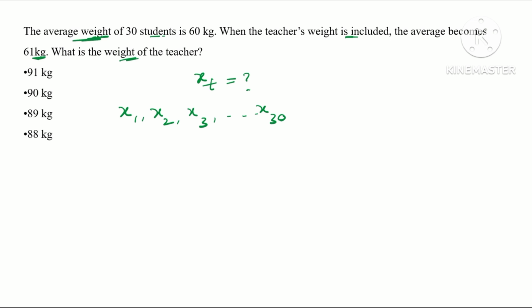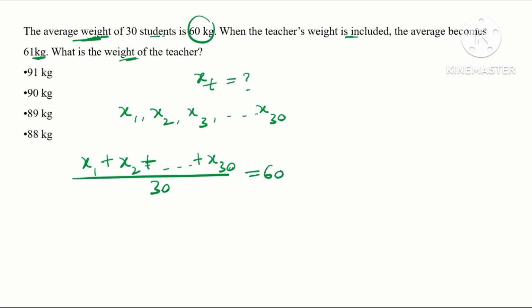The average weight of 30 students is x1 plus x2 plus so on plus x30 by 30 equals 60 kg. So x1 plus so on plus x30 becomes 60 into 30. This is 1800.